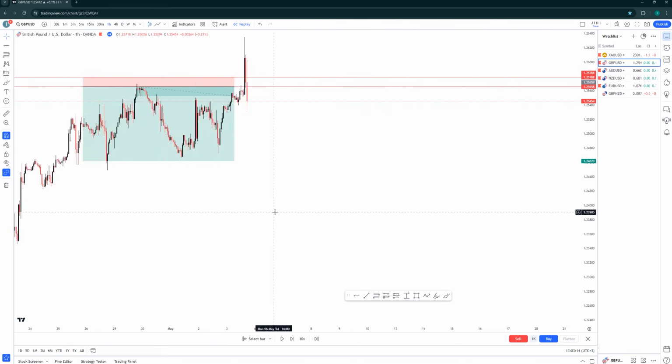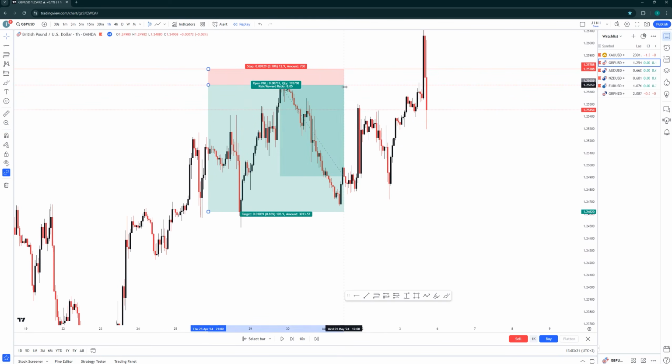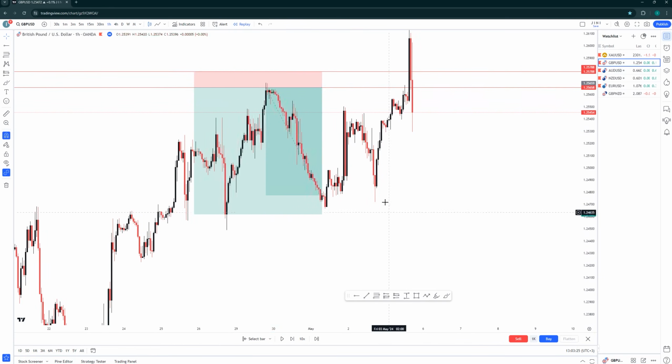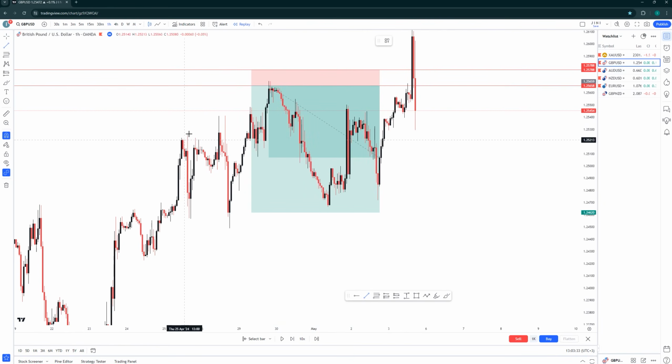But let me show you one thing. We didn't put our take profit at this point because we had the buy entry at this point. So let me show you how we took that buy entry. After we took this first entry, we had this break of market structure at this point here.